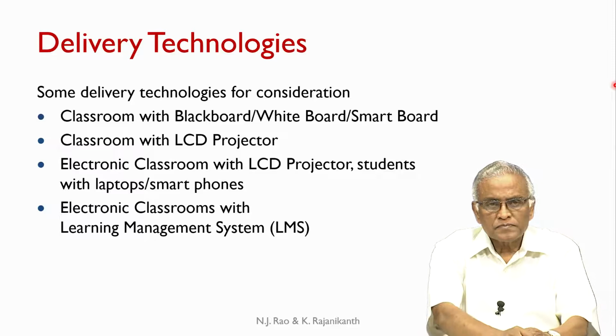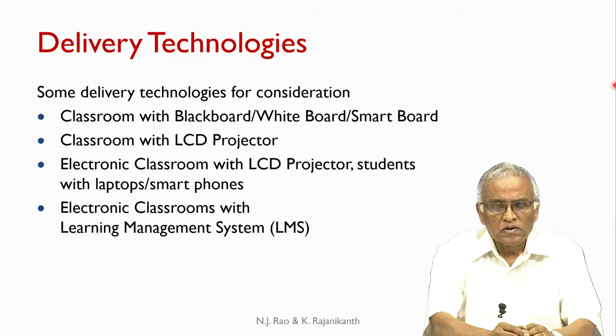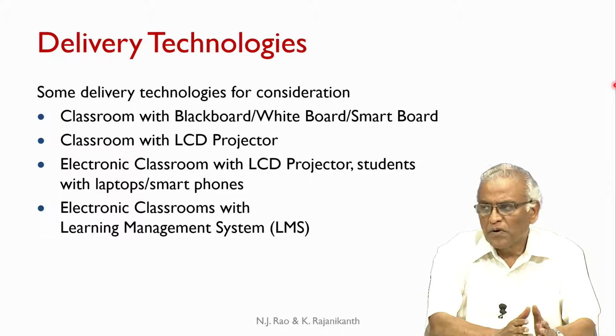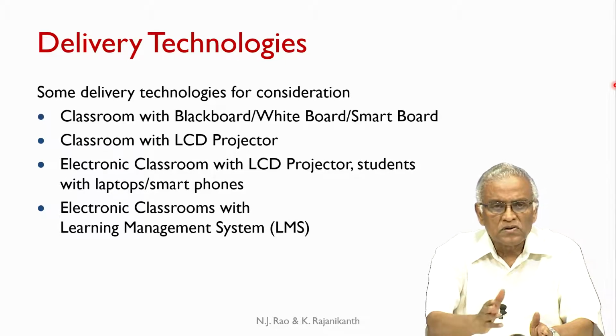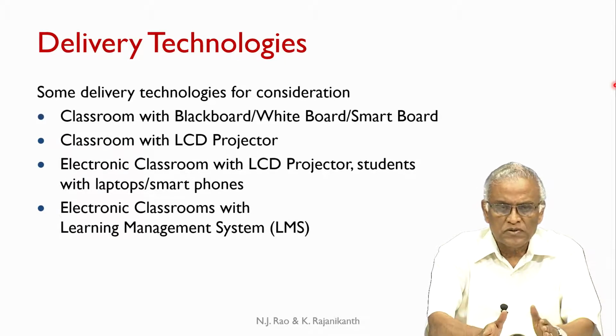Now there are many more combinations possible. Some of the delivery technologies for us to consider are the classroom with a blackboard or a whiteboard or a smart board these days. That is one. Classroom with LCD projector: you may have a blackboard or a whiteboard and also have an LCD projector, so that will be a combination.